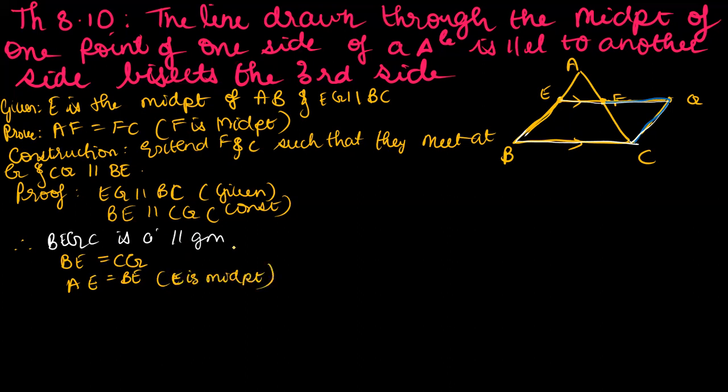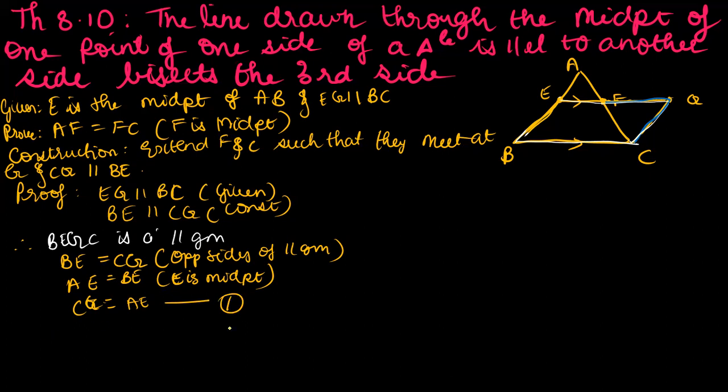So BE is equal to CG because of opposite sides of a parallelogram. And also I can say that CG is equal to AE. Why can I say CG is equal to AE? Since BE is equal to AE and BE is also equal to CG, can I say that CG is equal to AE? I'm substituting AE instead of BE, right? So let's say this is equation number 1.